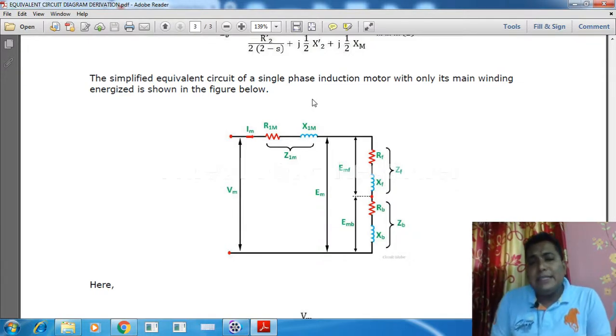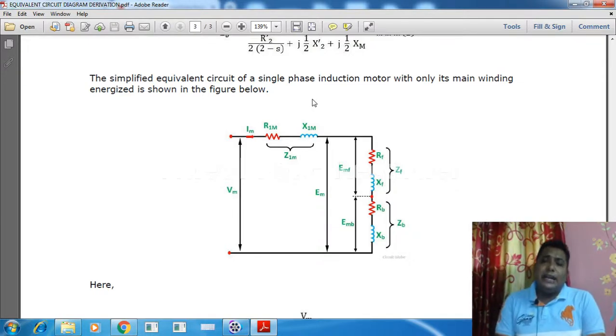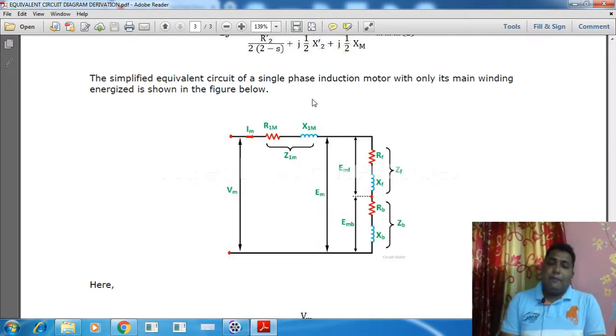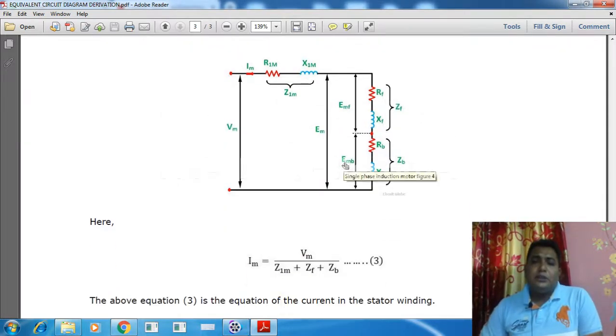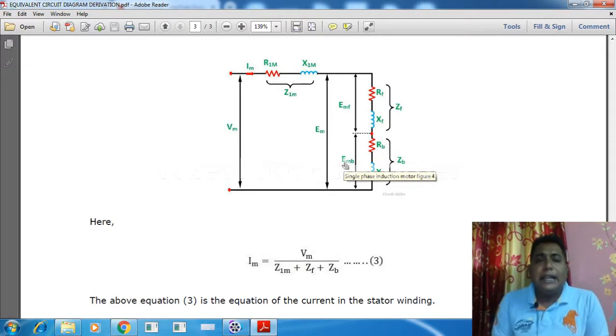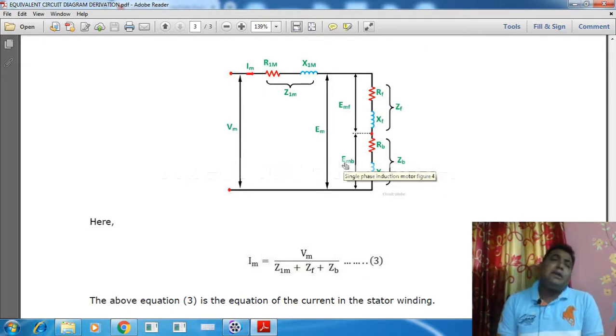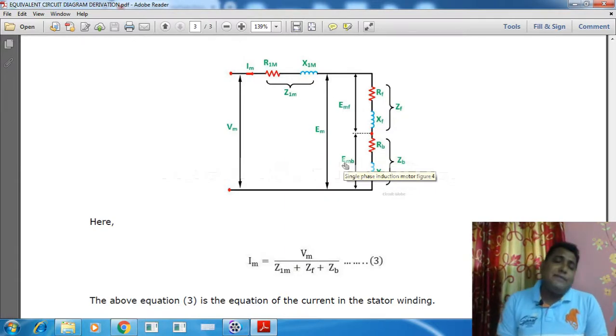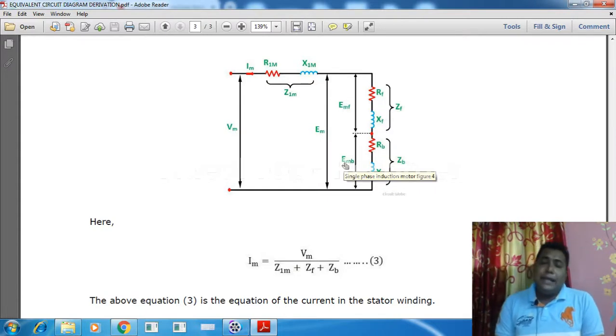What we can see in this diagram is RF, the forward resistance, XF, the forward reactance, RB, the backward resistance, and XB, the backward reactance. So what is the total current? The total current is given by Ohm's law, the voltage divided by the total impedance of the circuit, that is the supply voltage by Z1M.